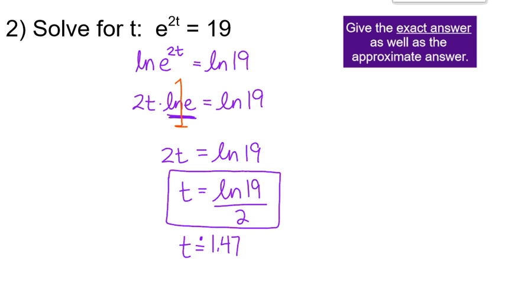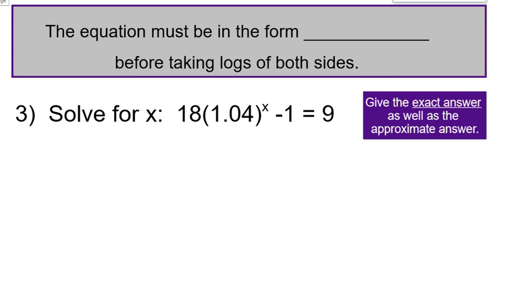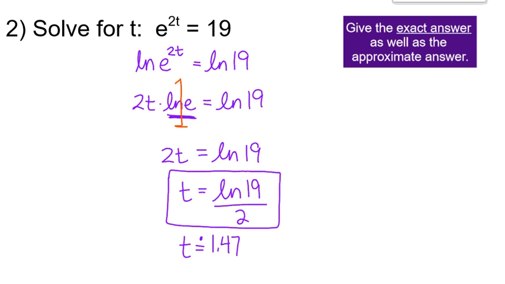All right, let's look at problem number 3. Now, here's a key piece of information. If you look back at problem number 2, we had a base to a power equals a number, and we took the log of both sides.